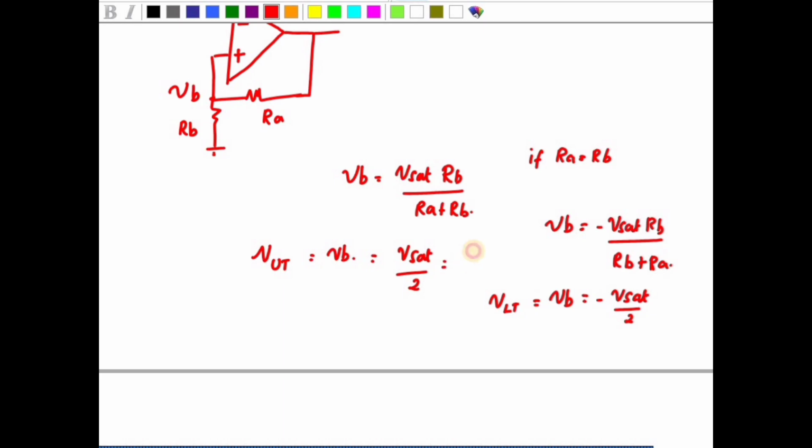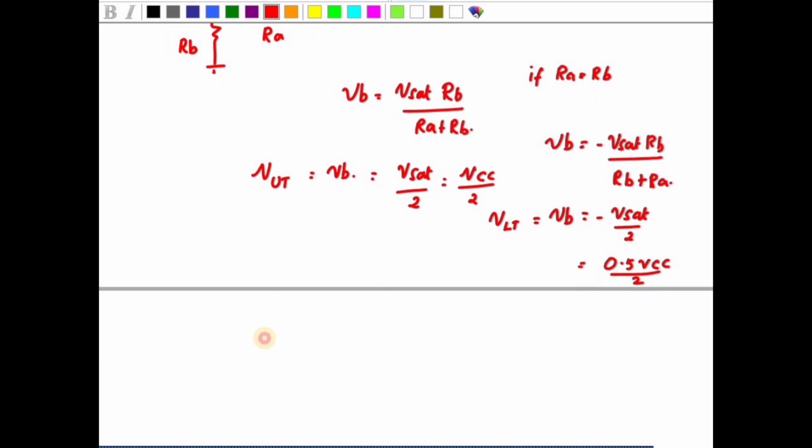VSAT is nothing but VCC, so VCC by 2. And minus VSAT is nothing but 0.5 of VCC, divided by 2. So I can write VUT is equal to 0.5 of VCC, and VLT is equal to 0.25 of VCC.